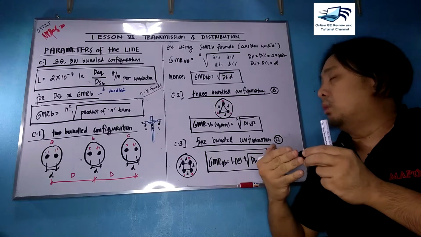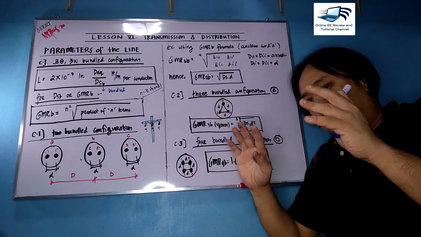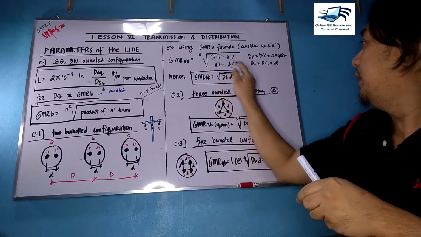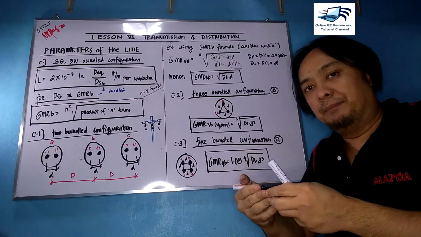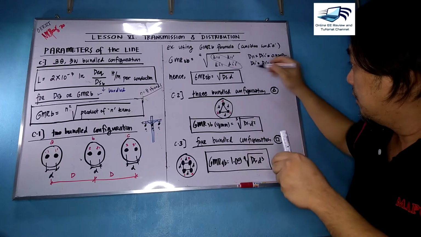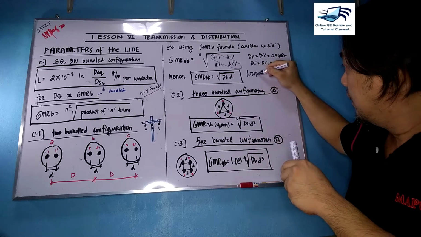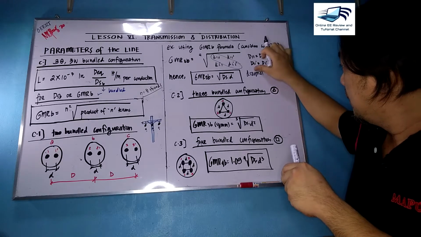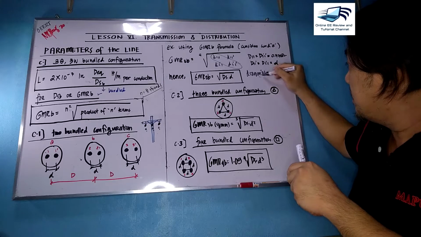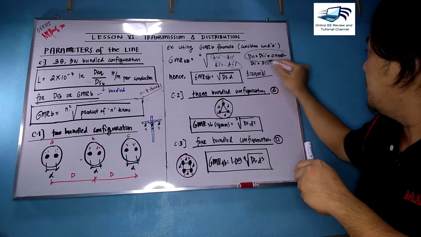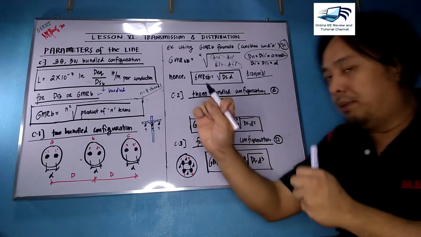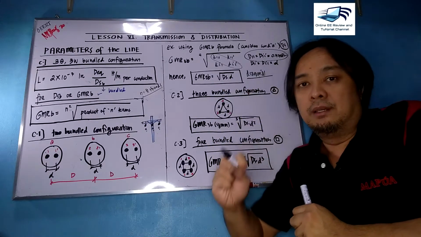So please take note that the same subscript here, the diagonal, is simply equal to your self distance, or simply the ds of your solid strand.